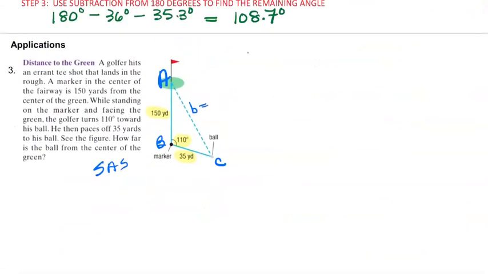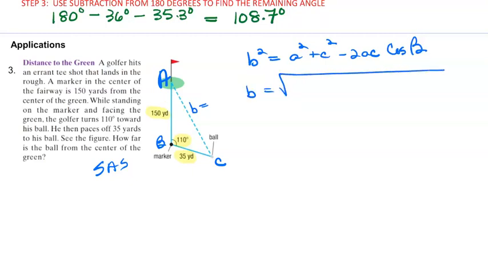Okay, so I'm going to say b squared equals a squared plus c squared minus 2ac cosine of b. Okay, so once again, I don't want b squared, I want b, so I'm going to go immediately into the square root.